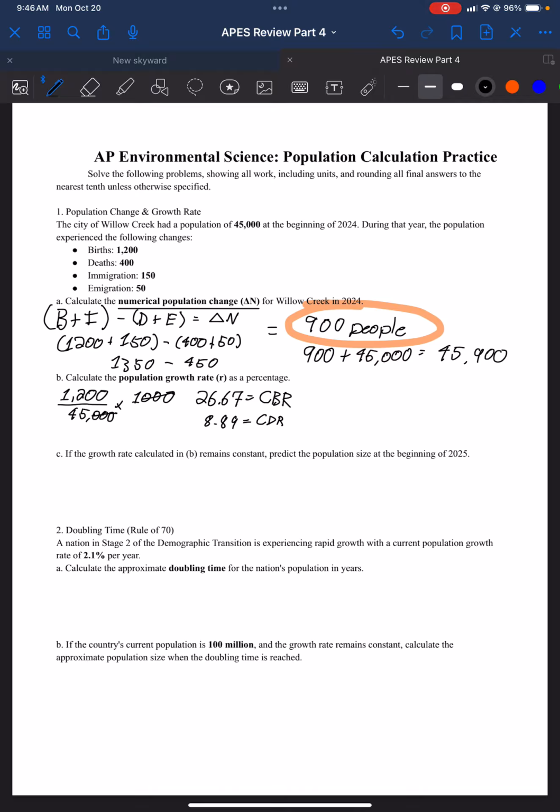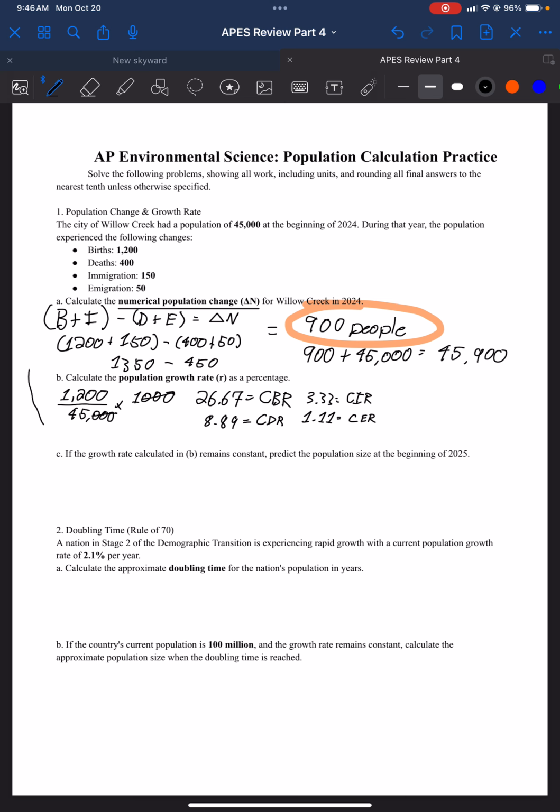My CIR is 3.33, and then my crude emigration rate is 1.11 CER.